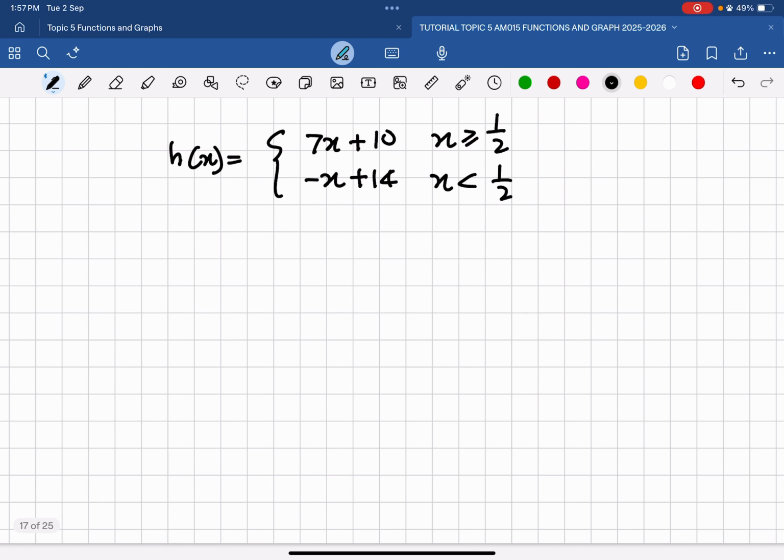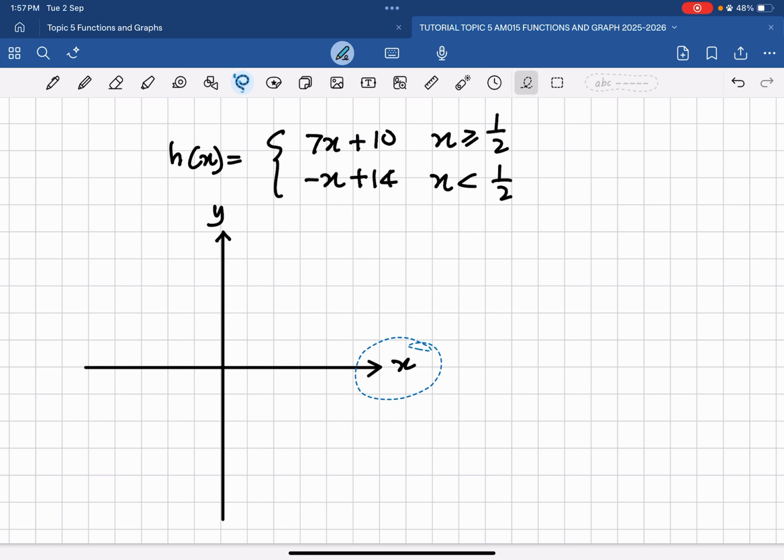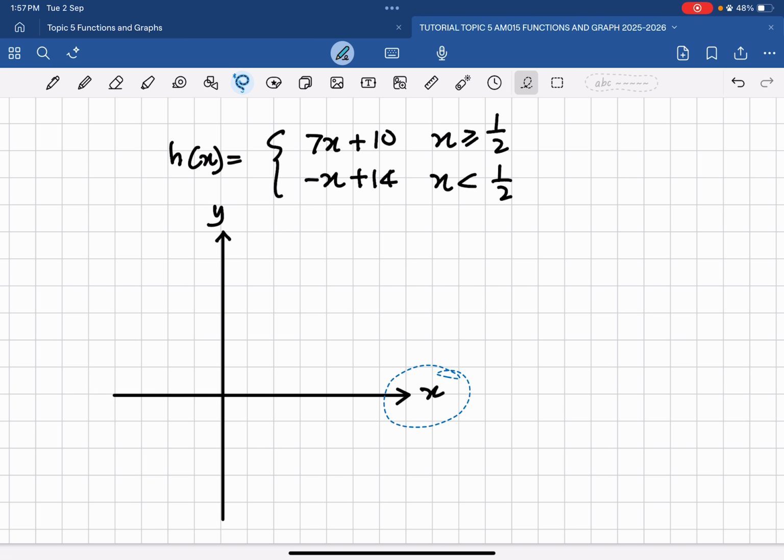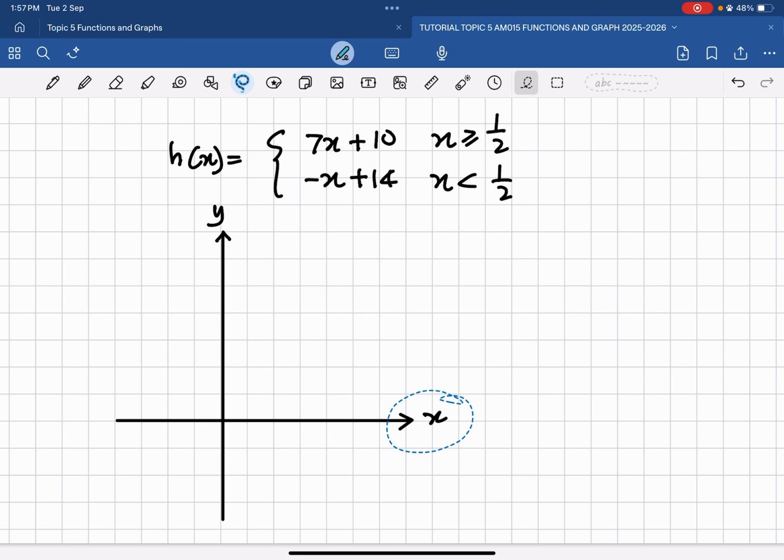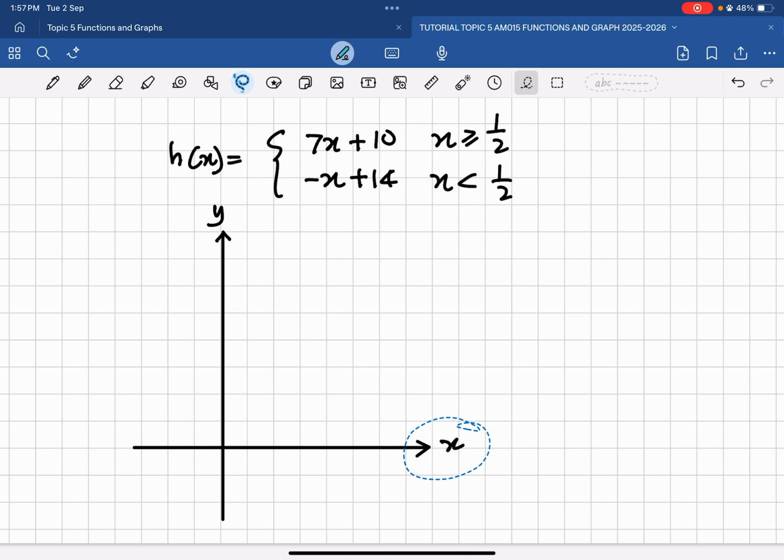Now let's draw the graph. This is x, this is y. When x is 0, y is 10.